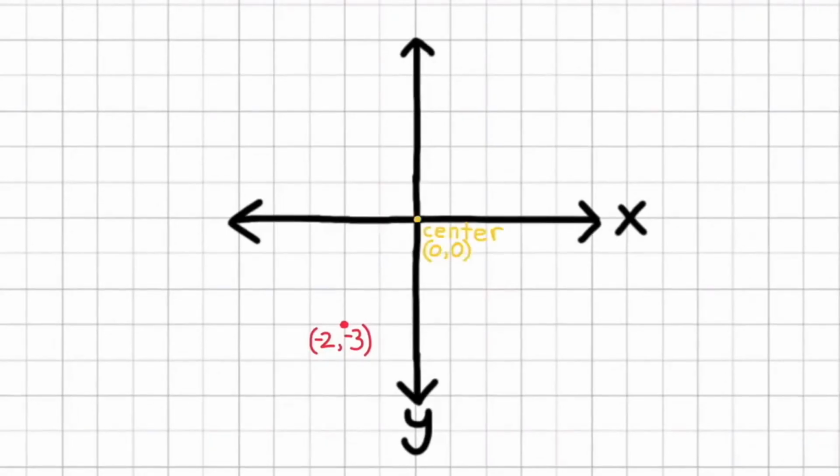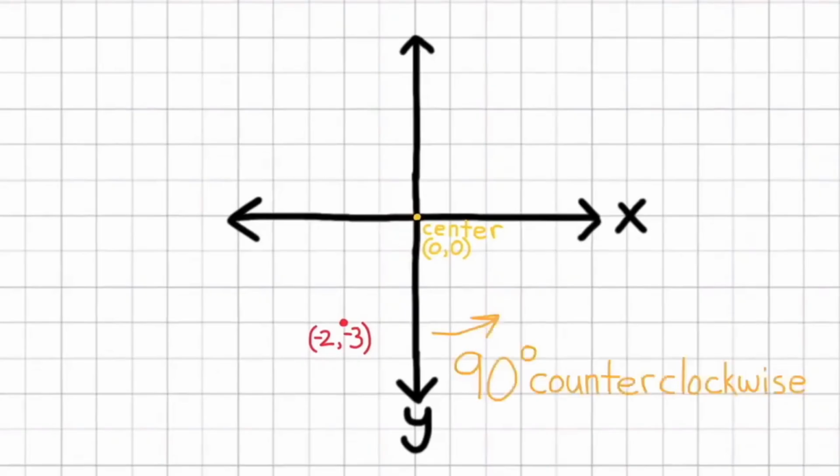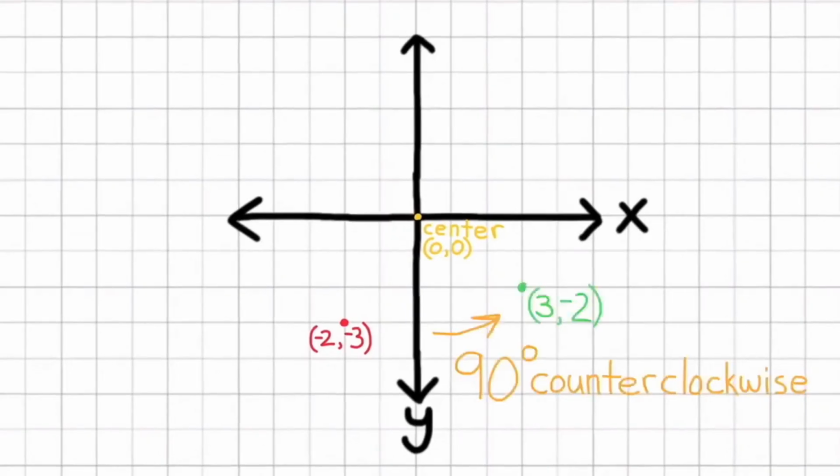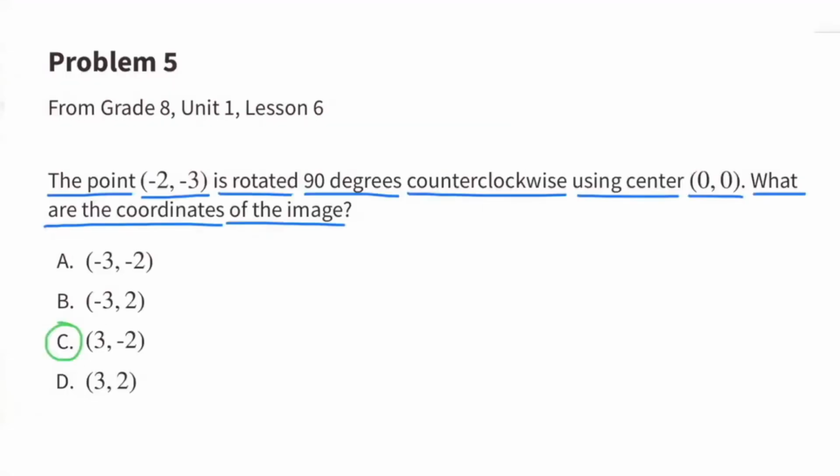Next, I need to use the center point with coordinates 0 and 0 to rotate counterclockwise 90 degrees. This would take me to the point's new set of coordinates, which would be located at 3 and -2. So the answer would be C, the coordinates 3 and -2.